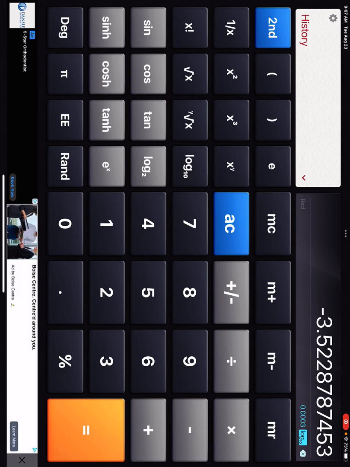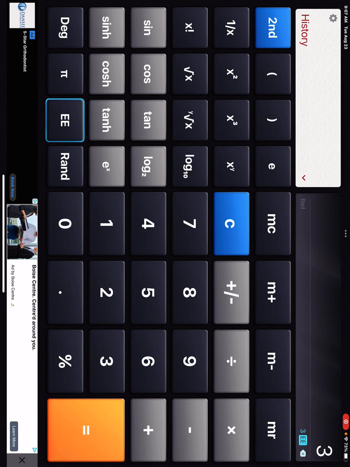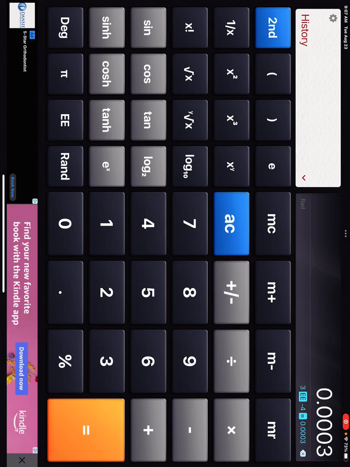Okay, I didn't take the negative log of that. So, okay, one more time. Clear, clear, clear. Okay, so I'm putting in my value, 3 times 10 to the negative 4th, equals, and I got a value, so that number should make sense. And I'm going to take the negative log of that number, and it doesn't like that. That's totally fine. I'm embarrassing myself on the last day of class, just like on the first day of class. So that's okay. So there's our number. I'm just going to take the log of it, and there I get my answer.